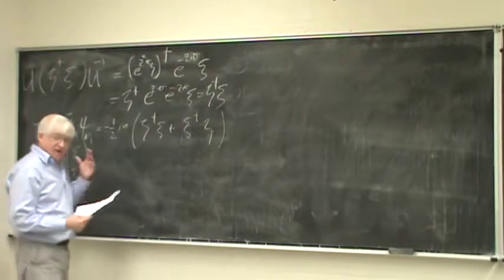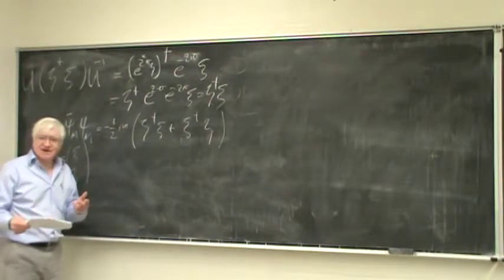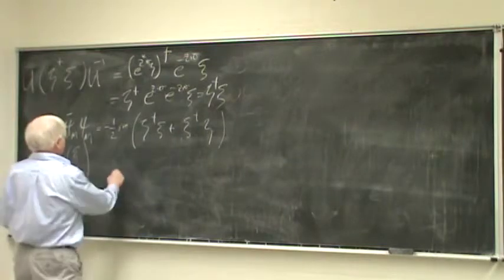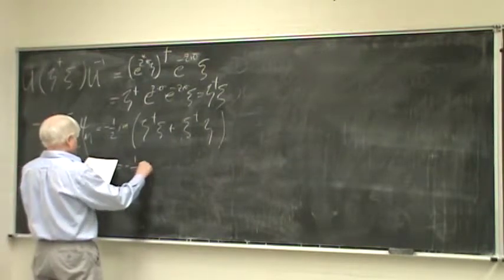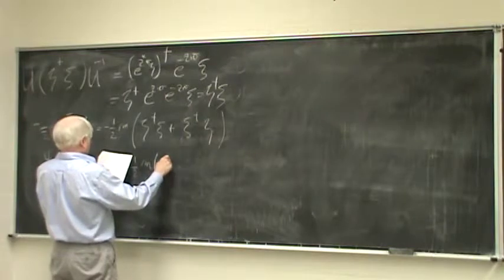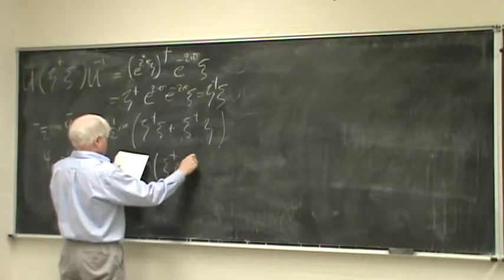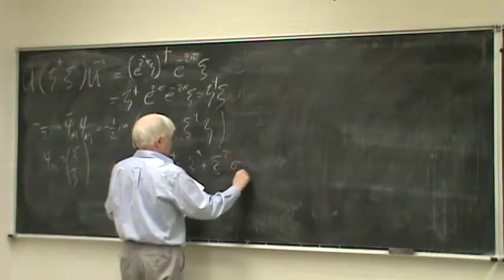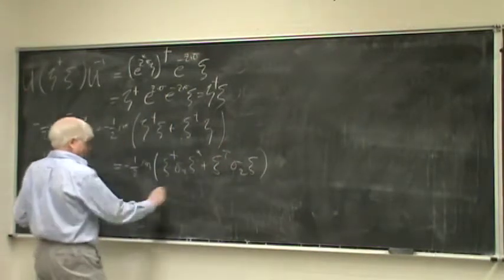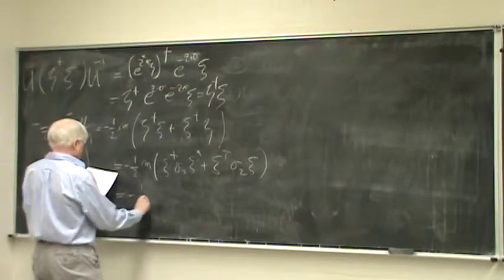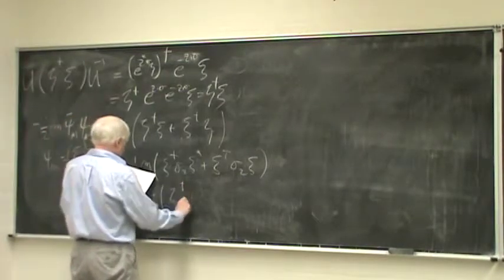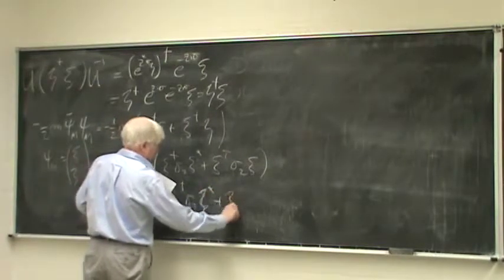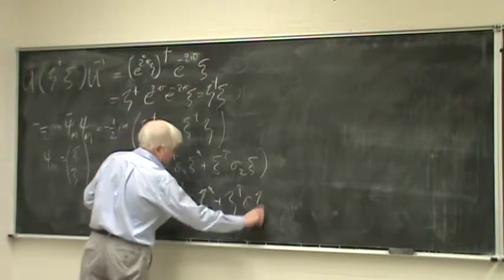But the Majorana field has zeta essentially equal to sigma 2 C star and so forth. So this is minus 1/2 m, C dagger sigma 2 C star plus C transpose sigma 2 C. Another way of writing it is minus 1/2 m, zeta dagger sigma 2 zeta star plus zeta transpose sigma 2 zeta.